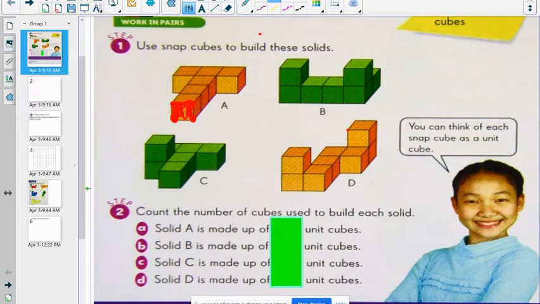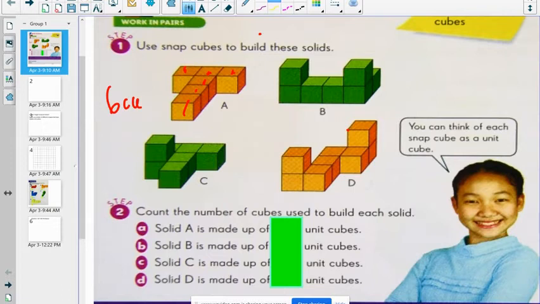Just recapping some vocabulary here. Now let me erase that. So for A, if you're calculating with us, you've got 1, 2, 3, 4, 5, 6 cubes here. So A is 6 cubic units, right?